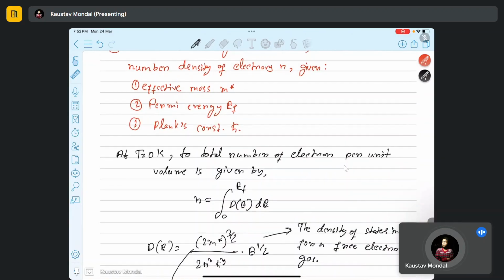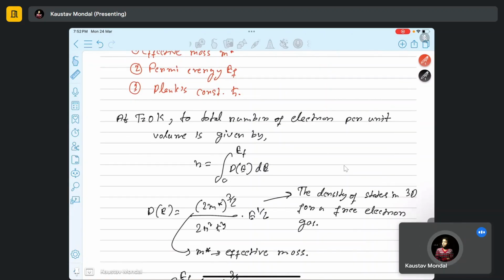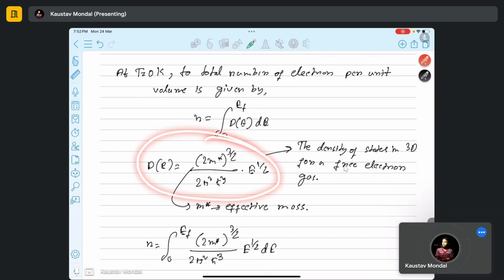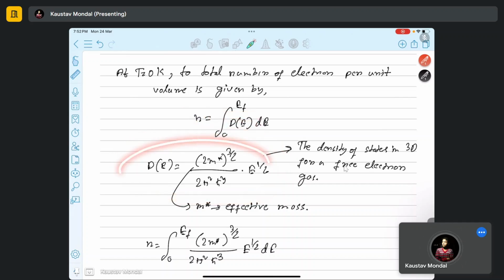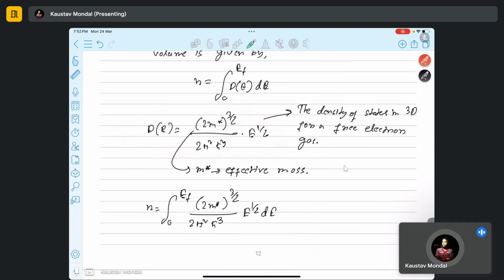So how do we do that? Unlike the previous problem, here we have to calculate the number density, not the total number of electrons. So this is the formula of the number density, and D is the density of states. In order to calculate the number density, we only need the density of states. For a 3D electron gas, the density of states is given by this formula. So we just substitute it here and do the integration.